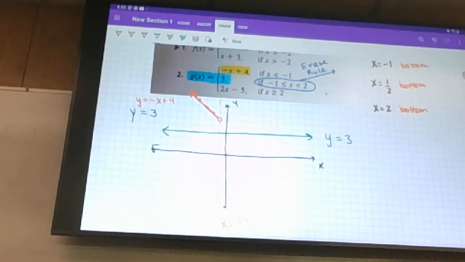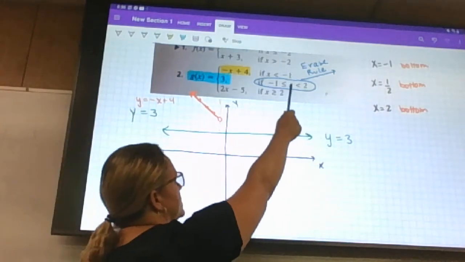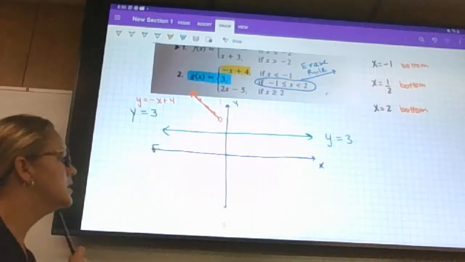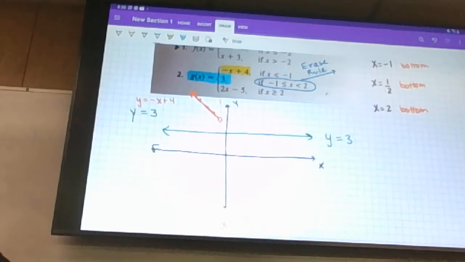So you graph it, and then you look at the erase rule. For this middle one, x has to fall in between -1 and 2. I still have my little -1 parameter here, so let me do that again where x is 2.